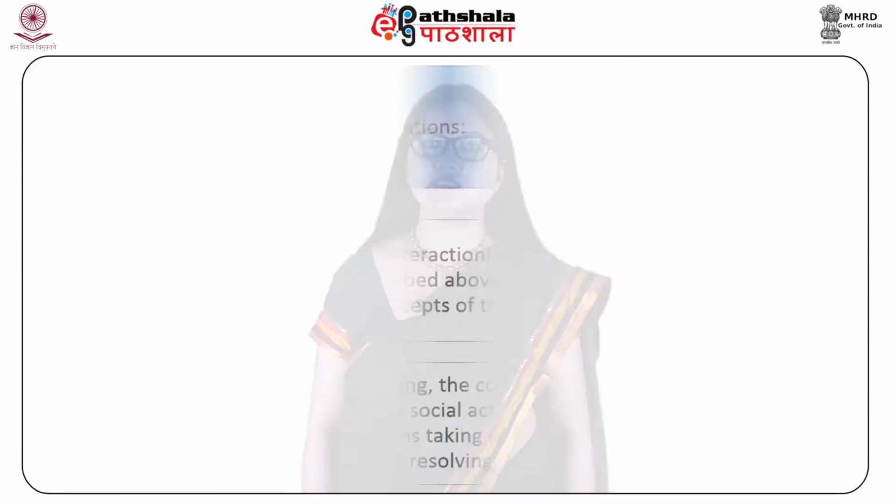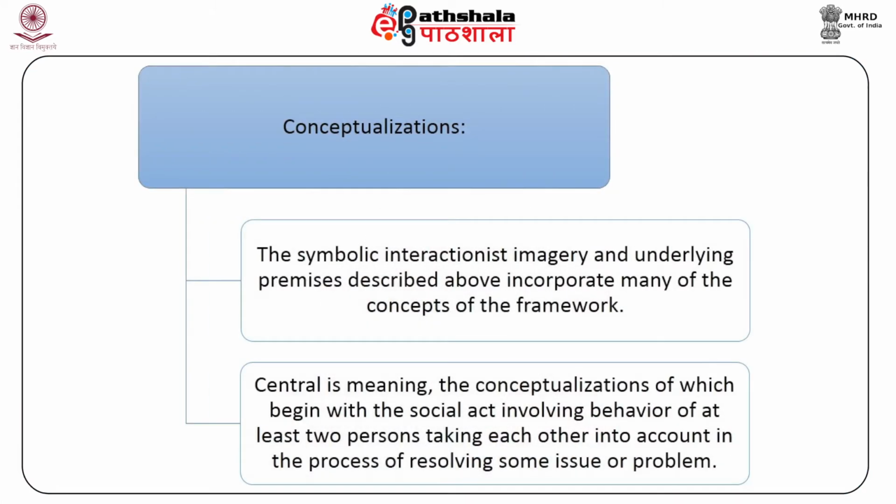Conceptualizations. The symbolic interactionist imagery and underlying premises described incorporate many of the concepts of the framework. Central is meaning, the conceptualizations of which begin with the social act, involving behavior of at least two people taking each other into account in the process of resolving some issue or problem. Gestures which imply the same future behavior to actors and those perceiving them are significant symbols.